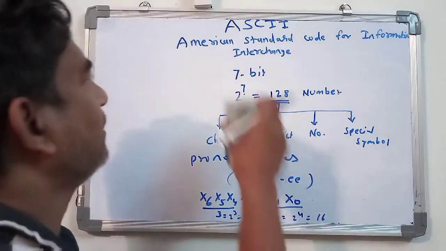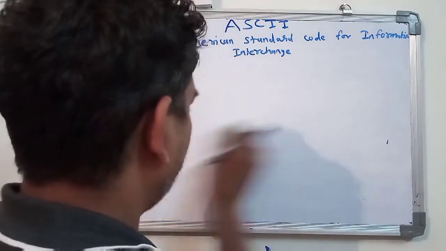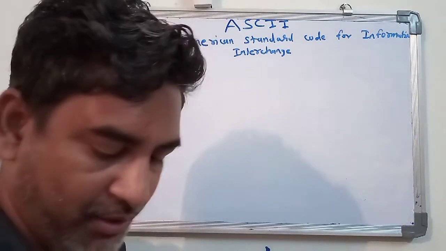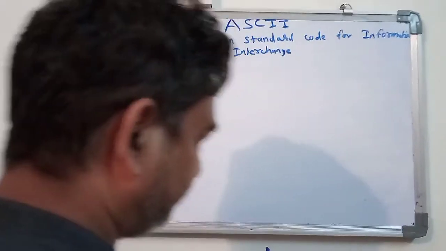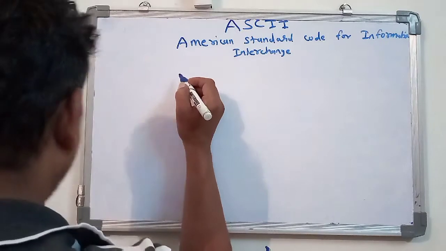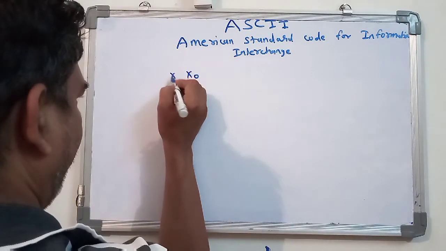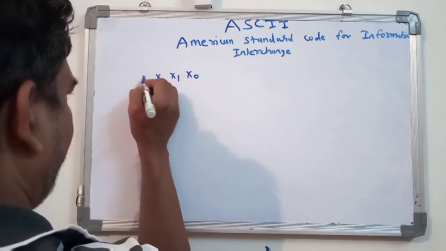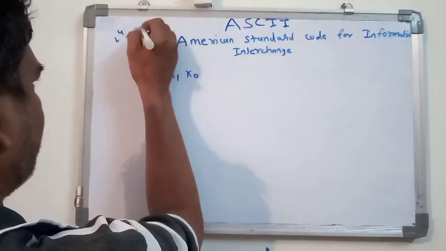Okay students, now here there is a table. The table has to be remembered by you. Now the first 4 bits, that is x0, x1, x2 and x3. As I told you, 2 raised to power 4 is equal to 16.